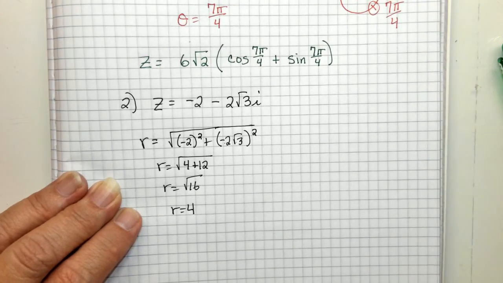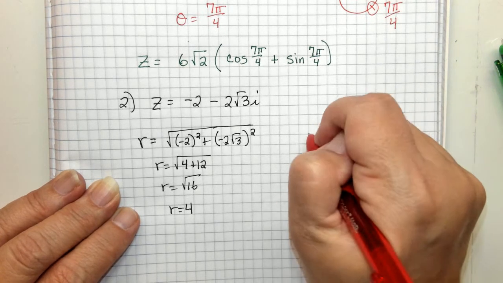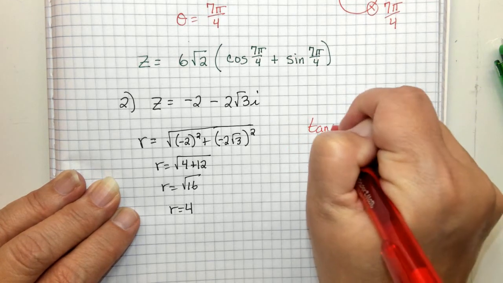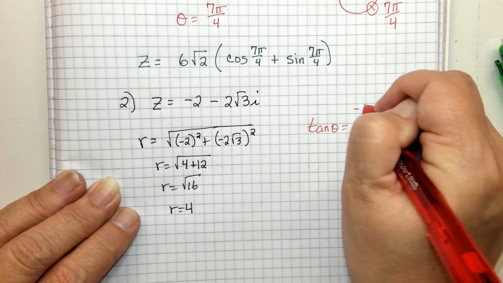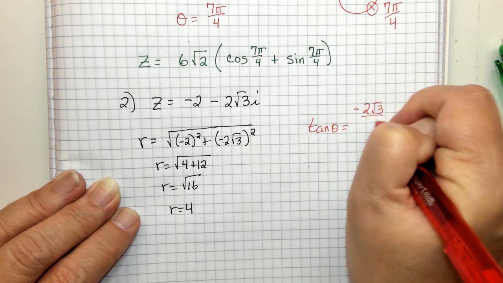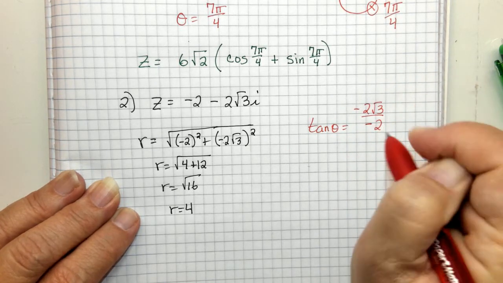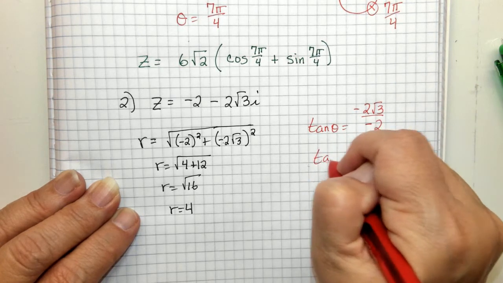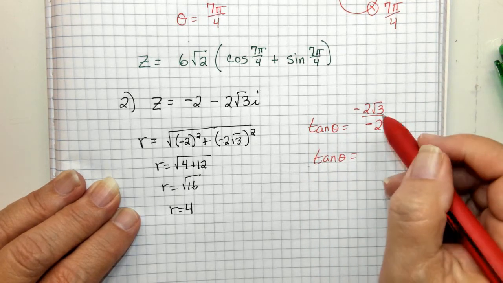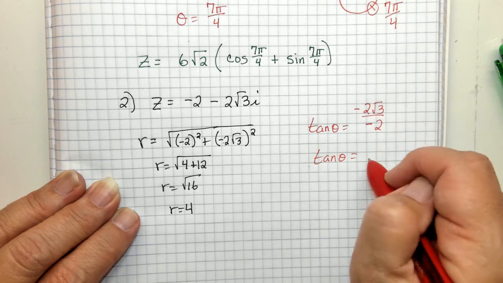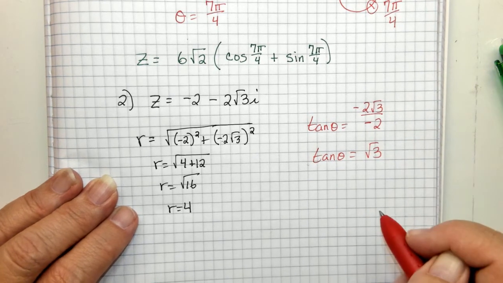All right, then we're going to find our theta by using tangent. So tangent of theta is -2 square roots of 3 over -2. So then we're going to simplify, and we're going to get the square root of 3.